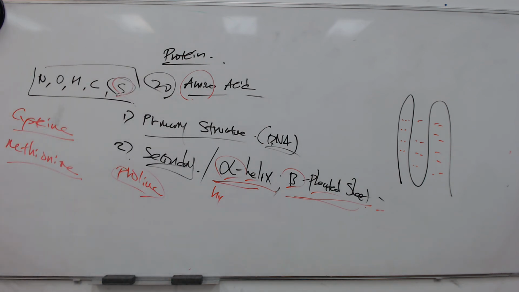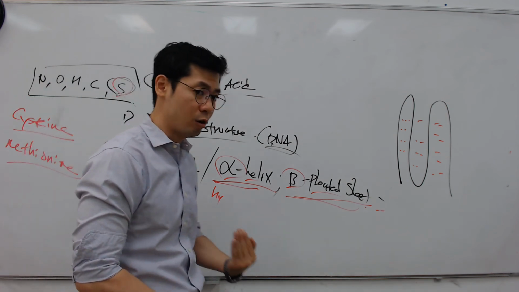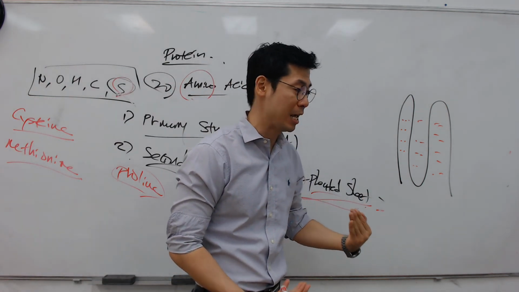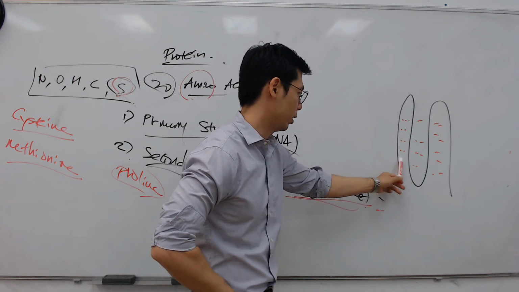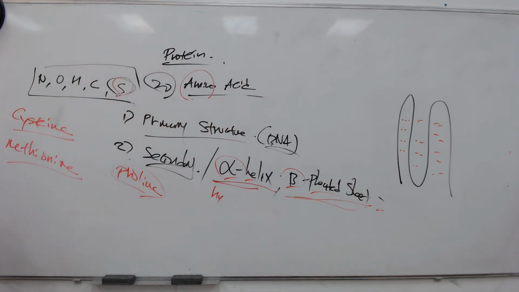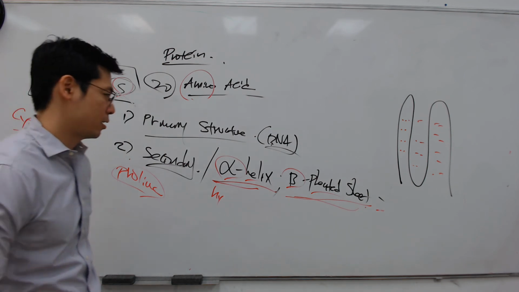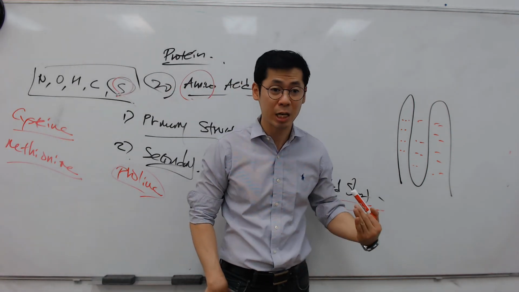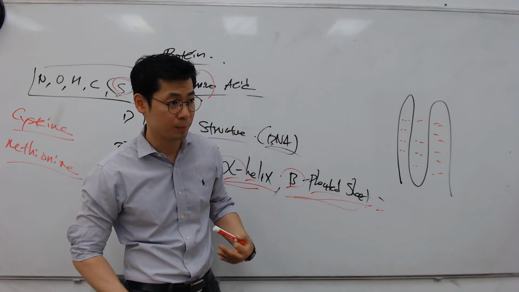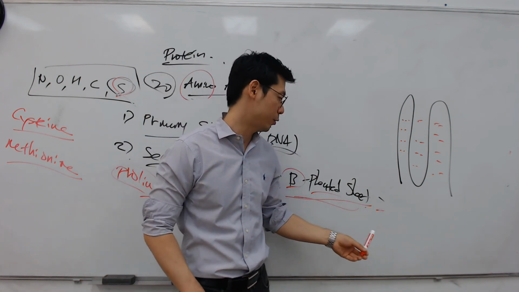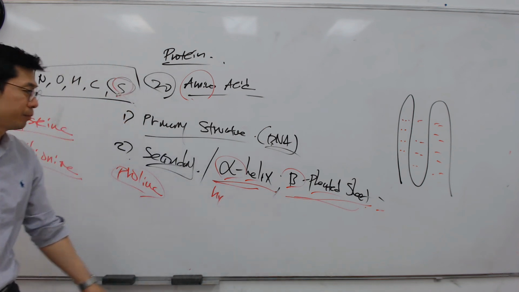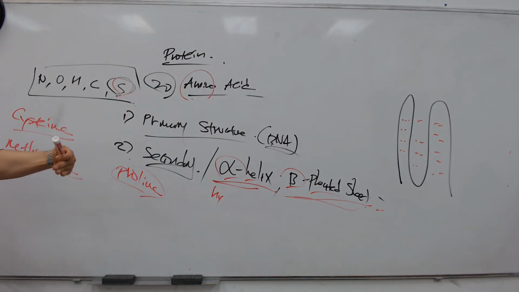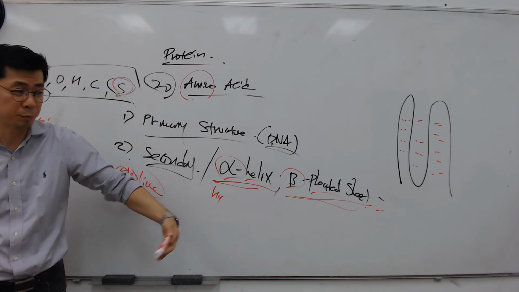Same understanding: the oxygen on the carbonyl and the hydrogen on the amine group create hydrogen bonding. So secondary structure is not unique to particular amino acids. A lot of proteins can have these 2. Some very short proteins don't even have this, but a lot of the long, big ones have these.